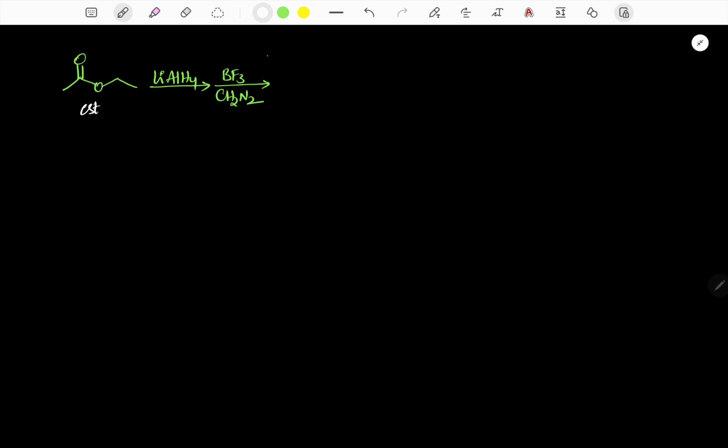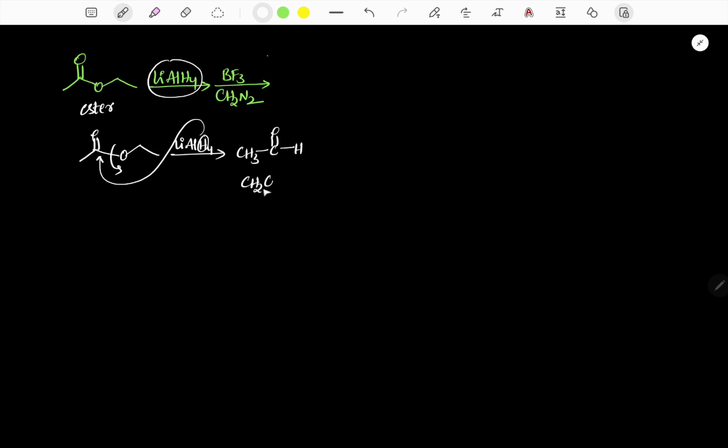It is a carboxylic ester treated with lithium aluminum hydride, H minus. The H minus attacks, the leaving group leaves. Therefore we get the corresponding CH3 C double bond O H, and the leaving group is CH3CH2O minus.